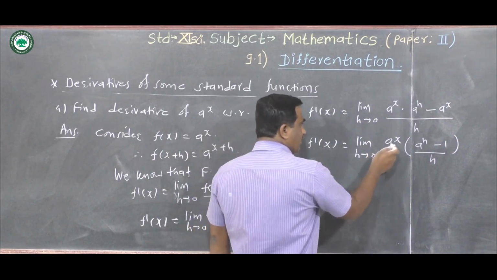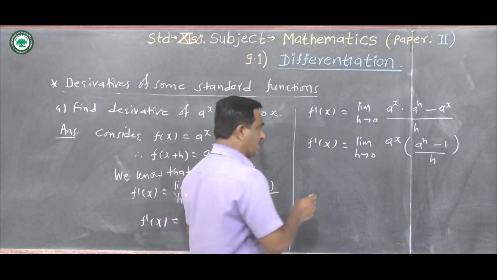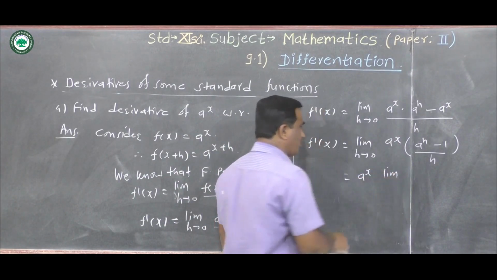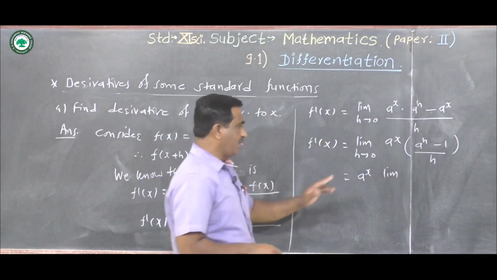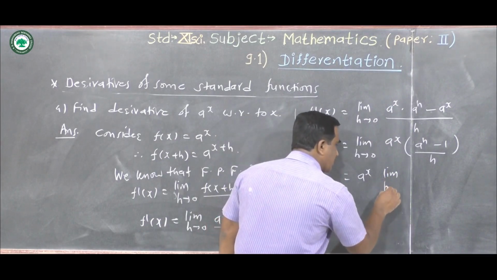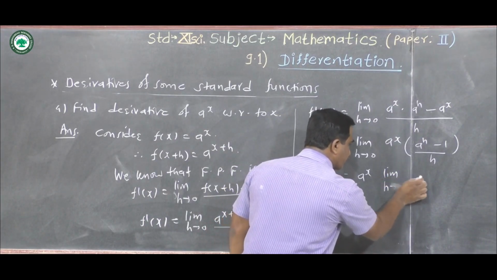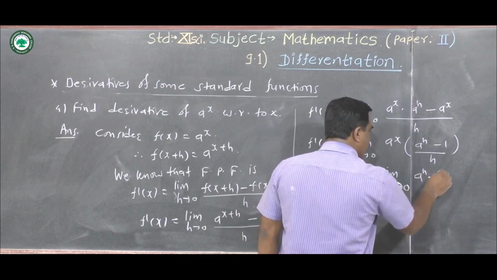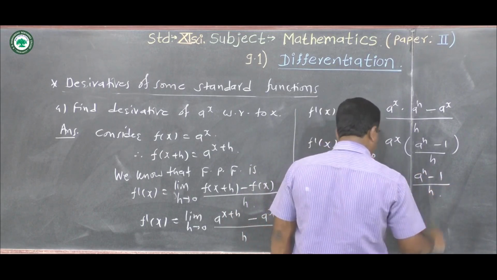Now here a raised to x is a constant term. We can write it outside the limit, since limit of a constant term is the constant term again: a raised to x into limit h tends to 0 of a raised to h minus 1 upon h.